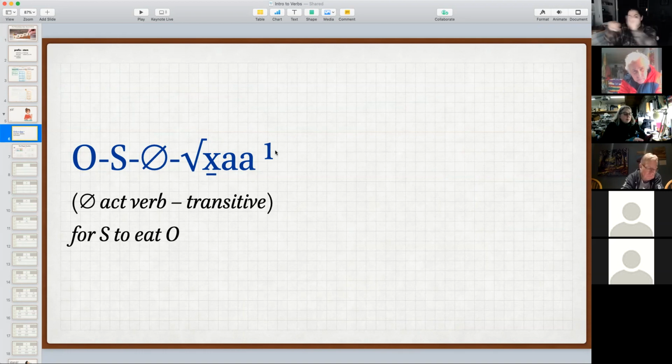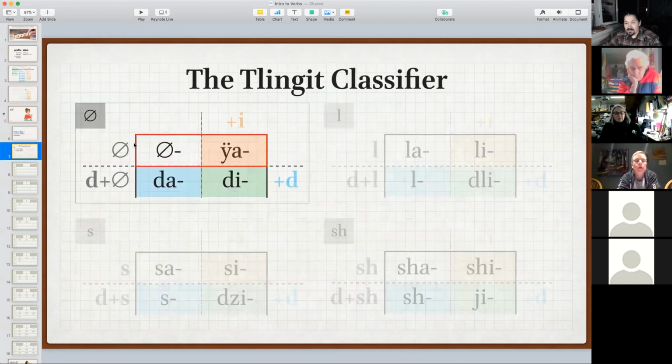If you're paddling back and forth, one person, that's a different type of paddle. It's a zero conjugation type. It's an act verb. Transitive just means there's both an object and a subject. This means for the subject to eat the object. Okay? This is a zero group classifier. For all of these examples, it's going to be either zero or ya.